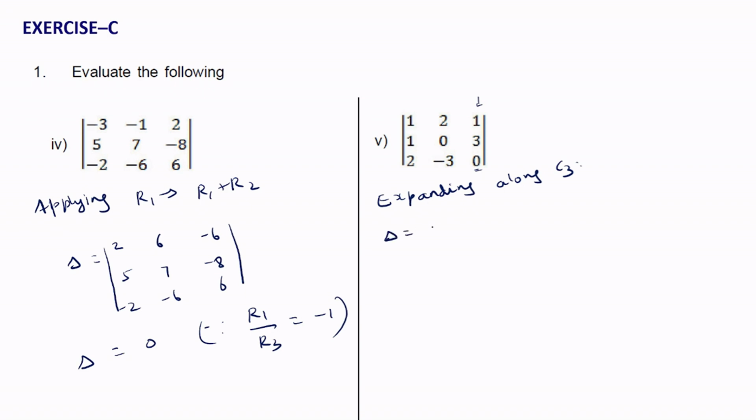So we get delta equal to 1 into minus 3 minus 0, minus 3 into minus 3 minus 4, plus 0 into it is 0. So here it is minus 3 plus 21. So this is equal to 18. So the value of this determinant is equal to 18.